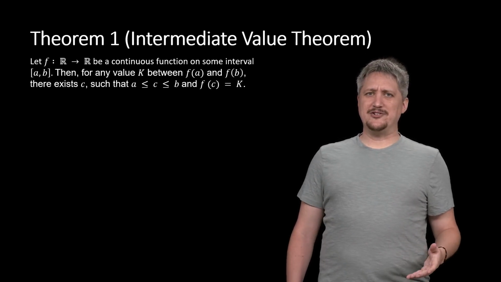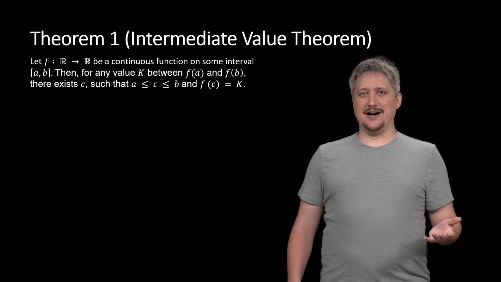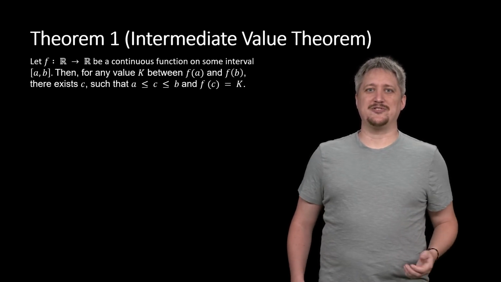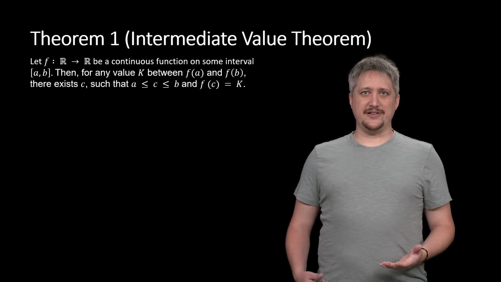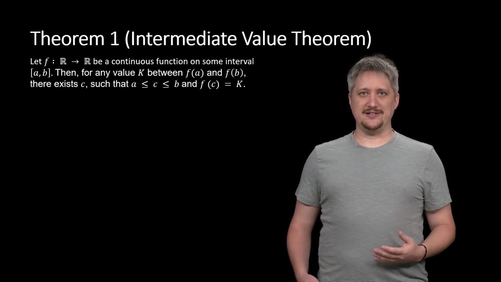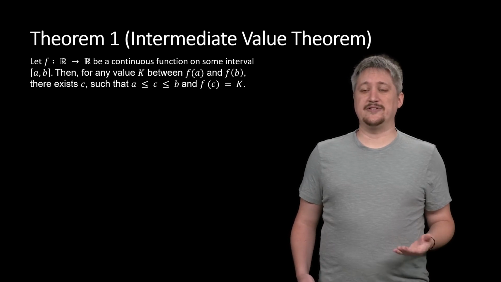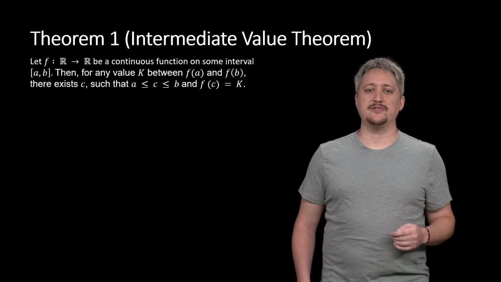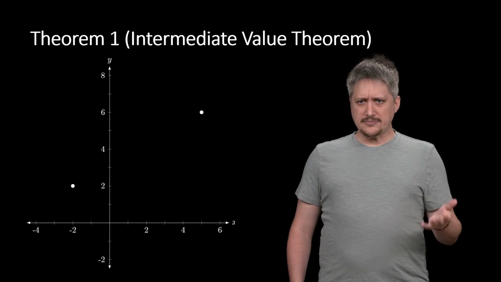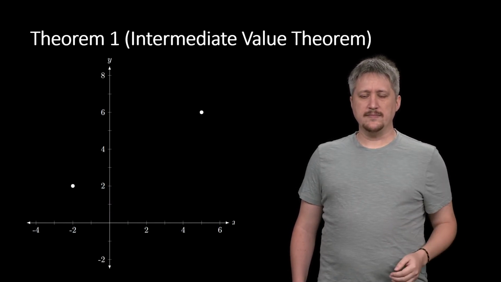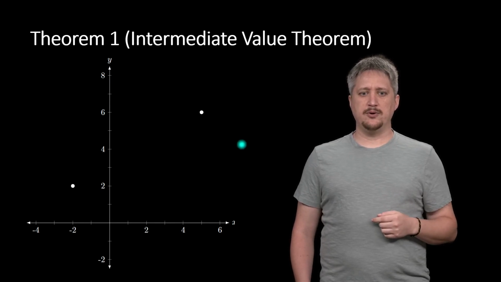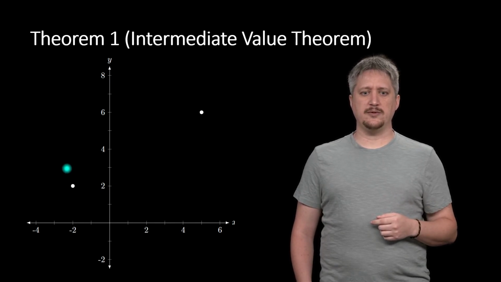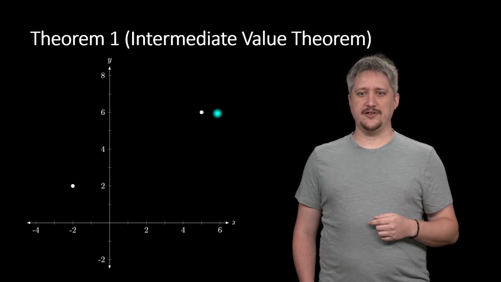All right, so as mentioned, this is probably just a lot of math notation thrown at you. It's hard to understand what's happening here. And realistically, it's actually best to literally see what's happening. So that's what we're going to do. Let's say we have a function, and we know 2 points of that function. We have some point over here at (-2, 2), and we have some other point here at, like, (5, 6).